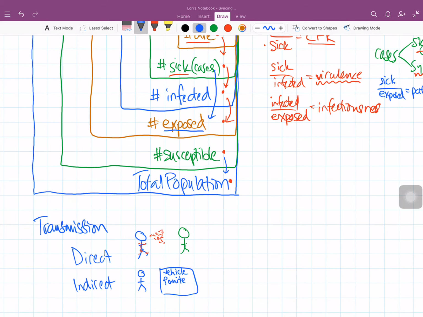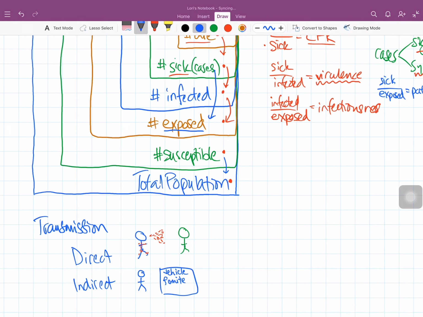It could be that a person who was sick touched a doorknob and then another person came along and touched that same doorknob. It could be linens, like from a bed, or even clothing. A common fomite is the healthcare provider's hands. And so that is a powerful way that something can be transmitted from one person to another.